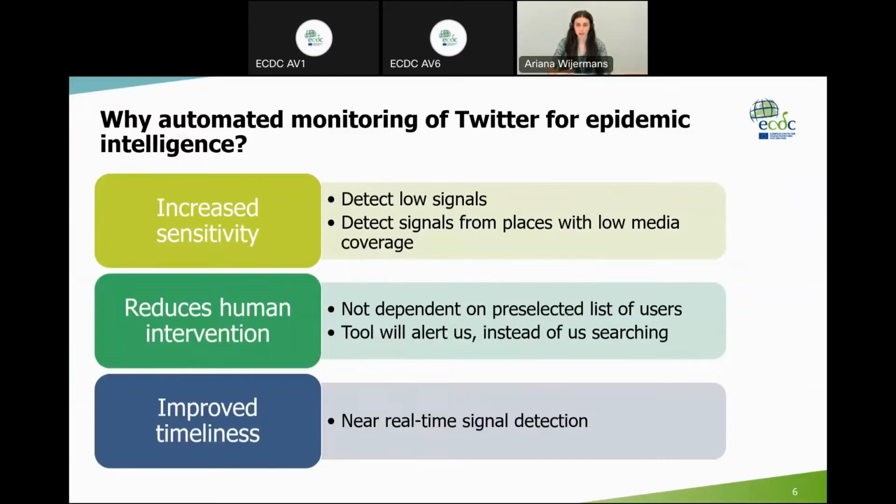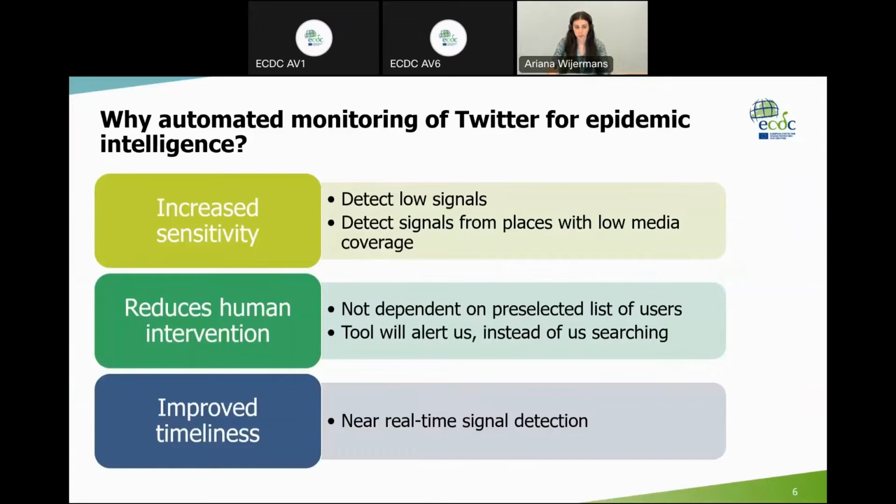This means that before, with the manual way, we could only follow certain accounts that we were already following in Twitter. And now with this automated monitoring, we can detect the signals from different accounts and also different locations and places.